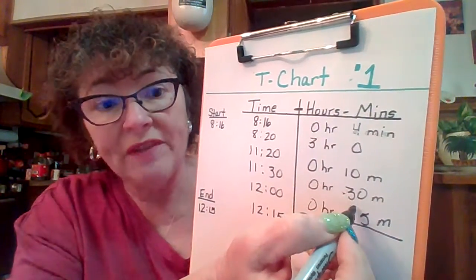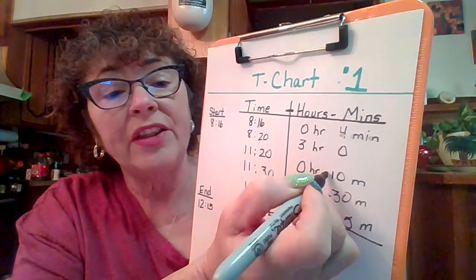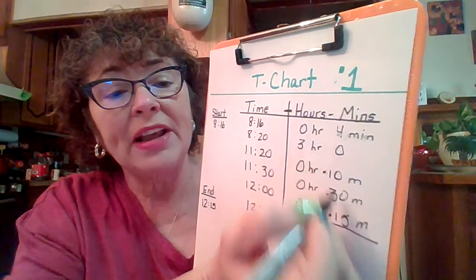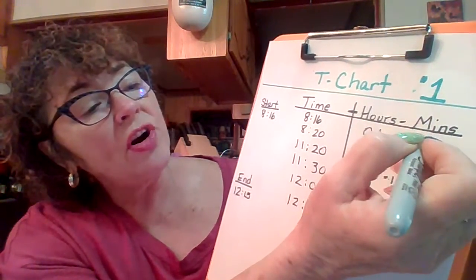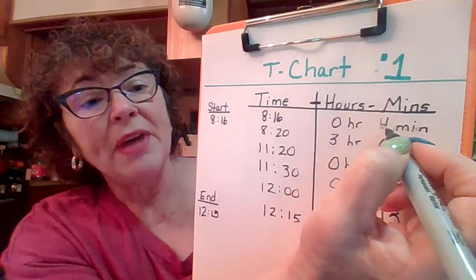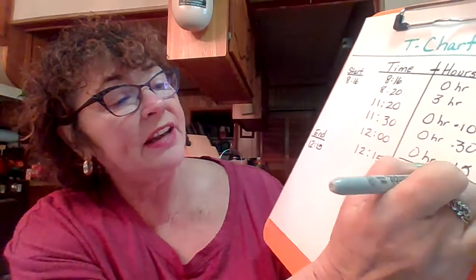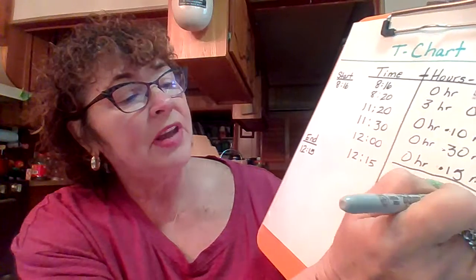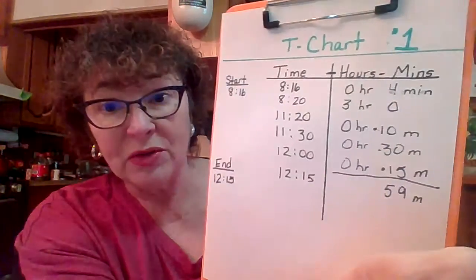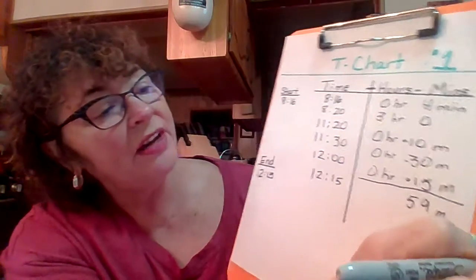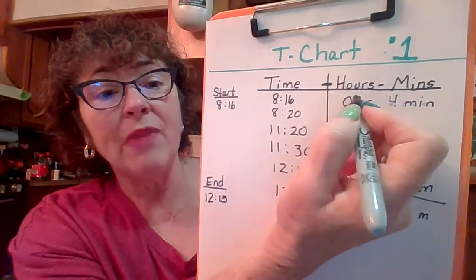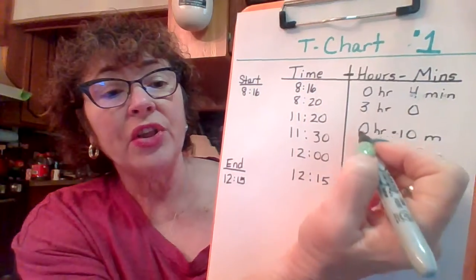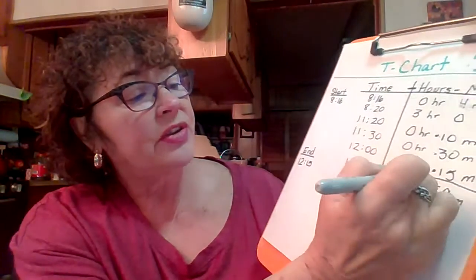So I'm at 45, and then another 10 makes 55, and then 4 minutes makes 59 minutes. That's almost an hour, just one more minute and it would be an hour. And then I'm not finished because I have to add my hours in. So here's 3 hours.